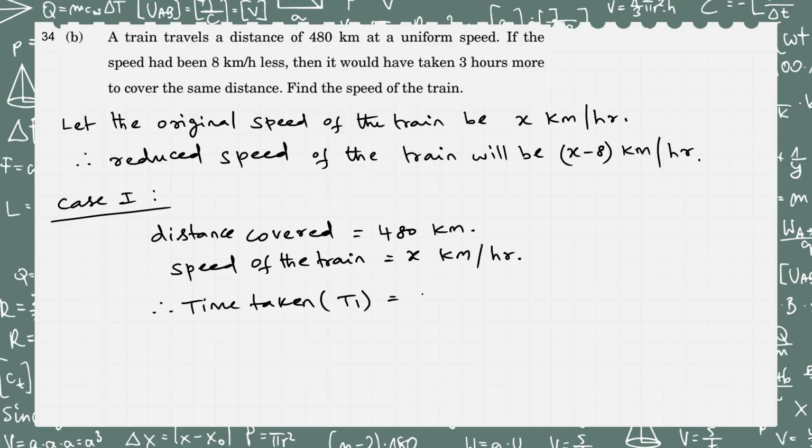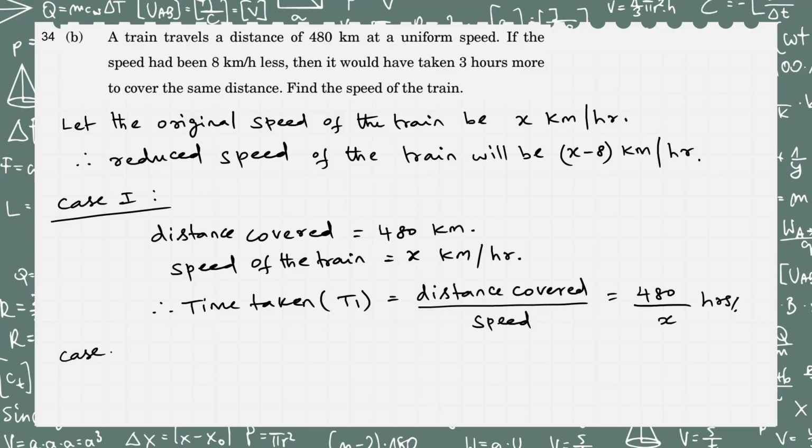Time taken T1 equal to, by using the formula, distance covered divided by speed, right? Because speed's formula is distance by time. Time will be distance by speed. Distance is 480 and speed is x. So time taken is, in the first case, 480 by x hours, right?